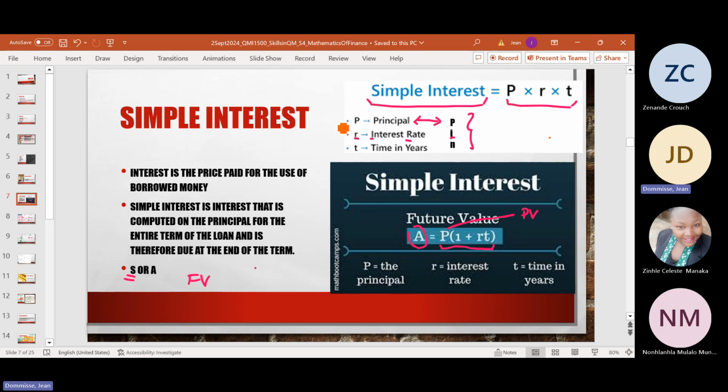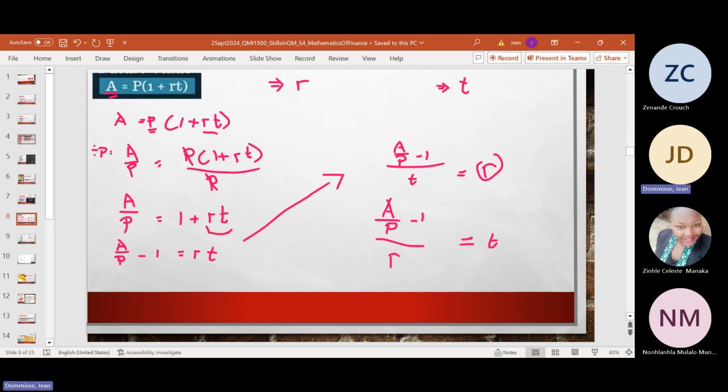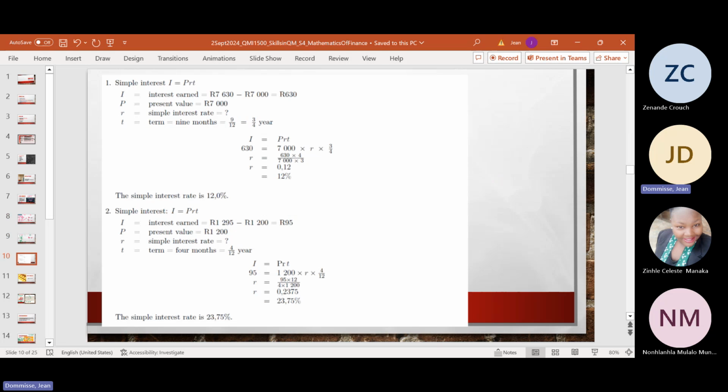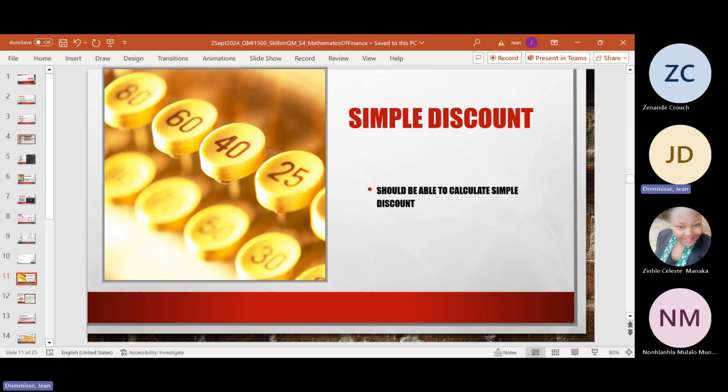So just always keep that in the back of your head. We looked at the manipulation of some of the formulas. We've done some examples. In all the examples in this presentation, there is also an answer set.